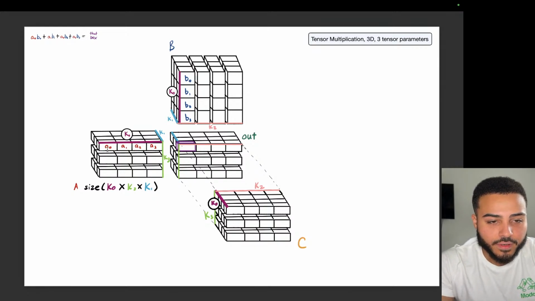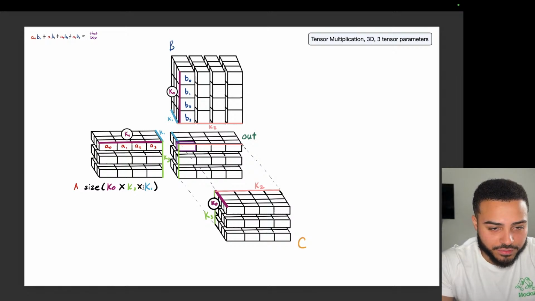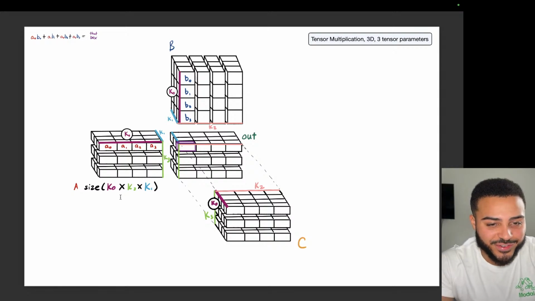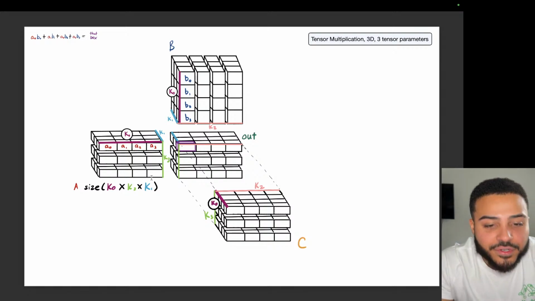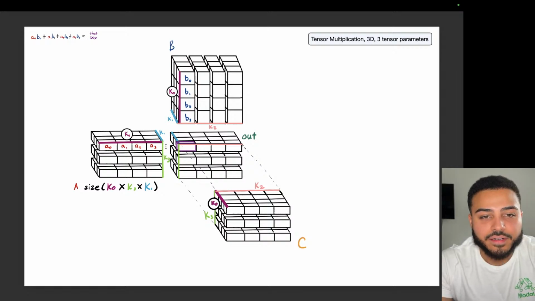So we have K0, K2, I messed this up. Actually, if we wanted the rows, we'd have K2 first. It doesn't matter, but if we wanted to follow convention, we'd have the rows first. K3, sorry. Then we would have K0, the columns, and then we would have K1.